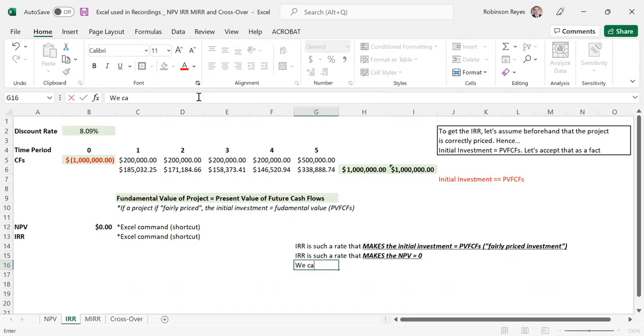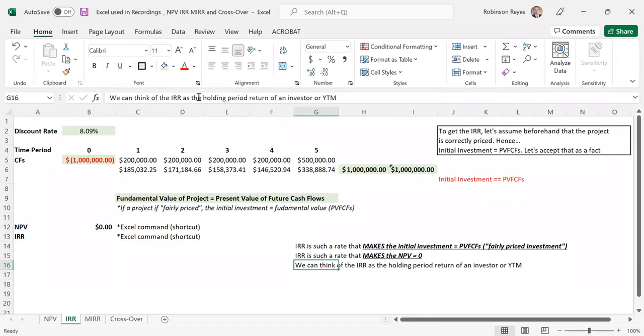And we can think of the IRR as the holding period return of an investor, or equivalent to a yield to maturity when in the framework of bonds.